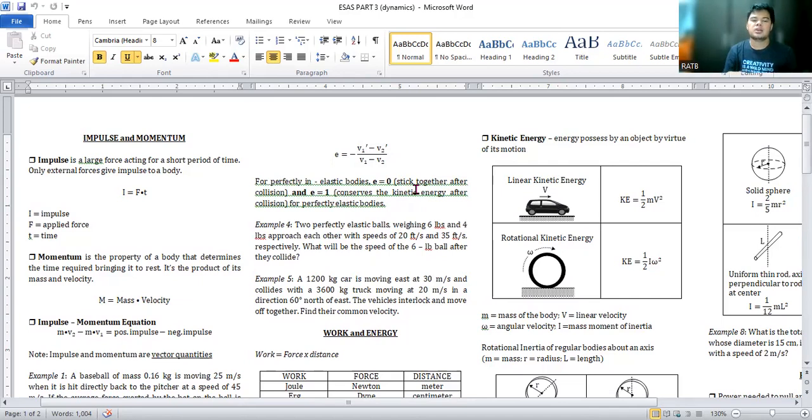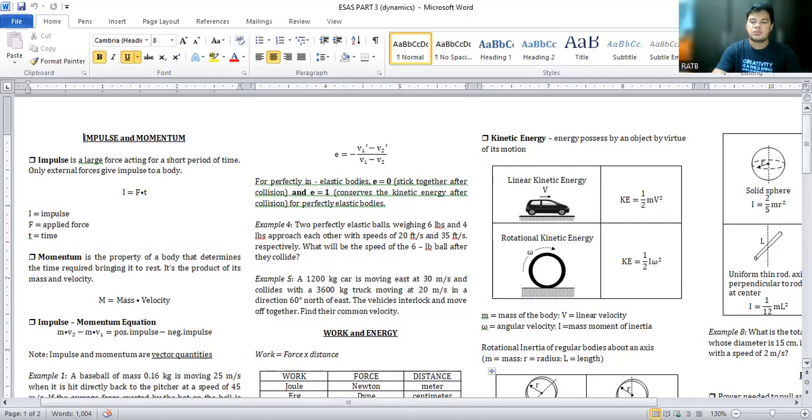And then you have 1 for the coefficient of restitution if it conserves the kinetic energy after the collision, for perfectly elastic bodies. So basically, just remember for inelastic bodies you have the 0, and for perfectly elastic bodies you have the 1. Otherwise it will be given in the problem.